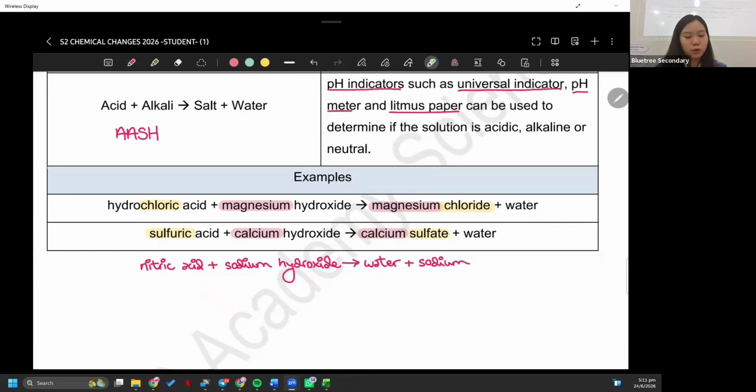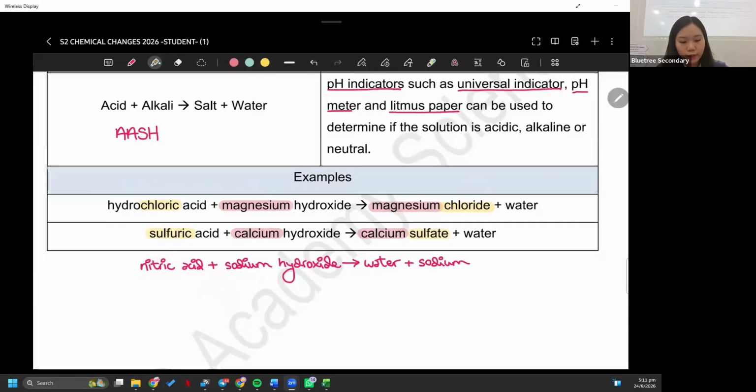Hydroxide, sodium hydroxide is the alkali, just like magnesium hydroxide and calcium hydroxide. Remember that chloride, sulfate, whatever, comes from the type of acid that you use. Over here, I'm using nitric acid, not hydrochloric acid, not sulfuric acid.